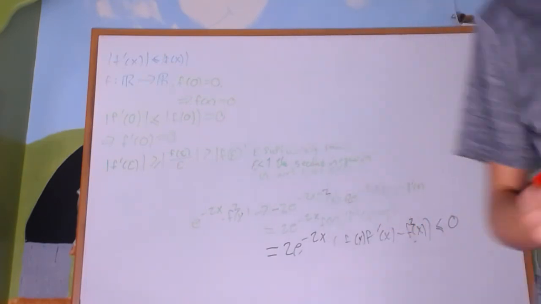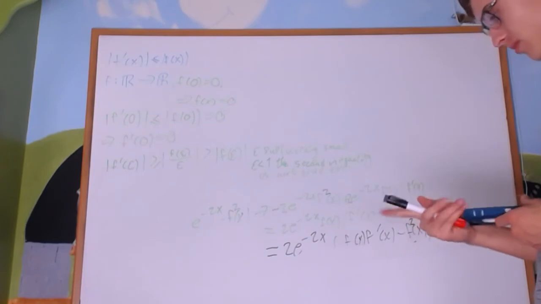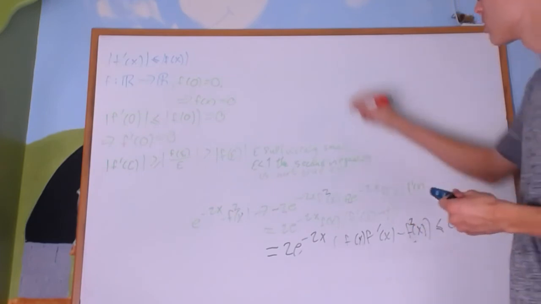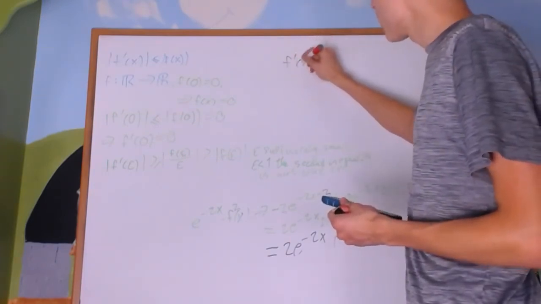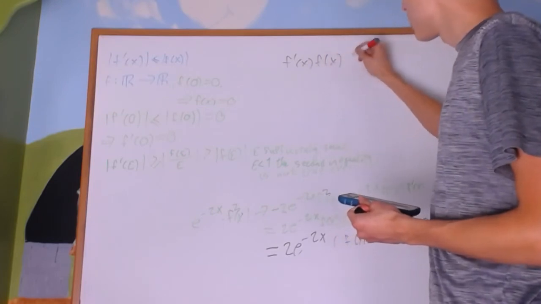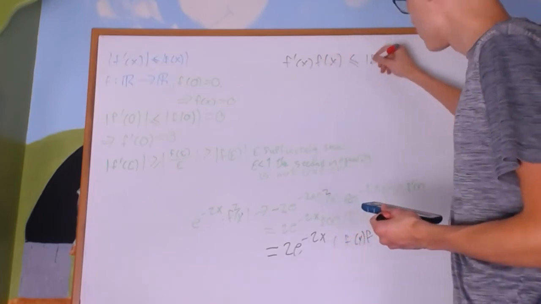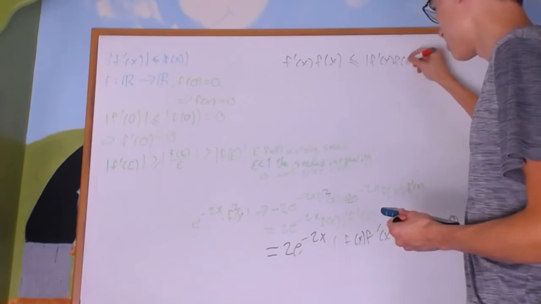Okay, so two things I don't get. Why is f prime of x times f of x less than or equal to the absolute value of f prime of x, f of x?